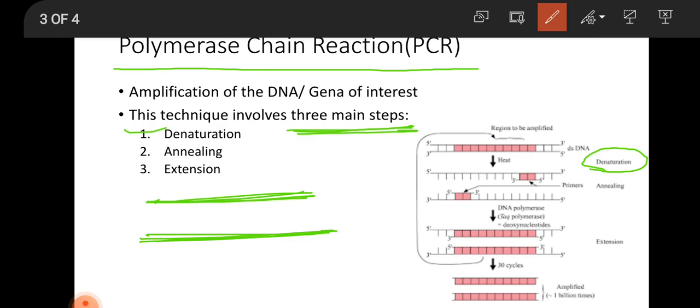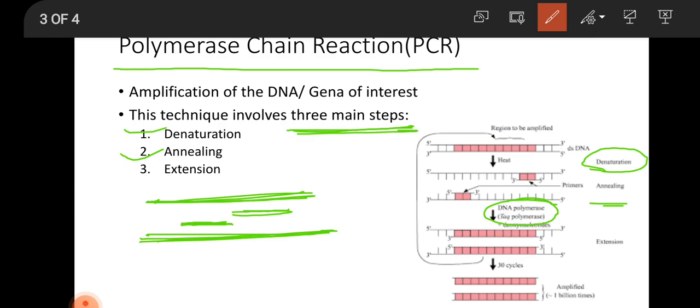After the denaturation, there is the second process which is annealing. In annealing, we have to use a primer to complete the replication process. So for the annealing there is a need of the primer which initiates the annealing process, and after that we need a DNA polymerase enzyme, so this annealing process will complete.